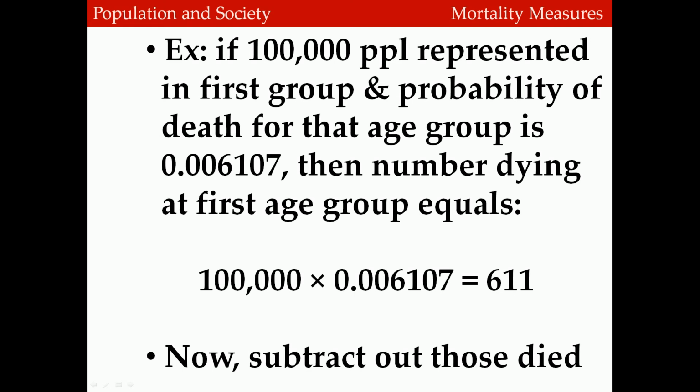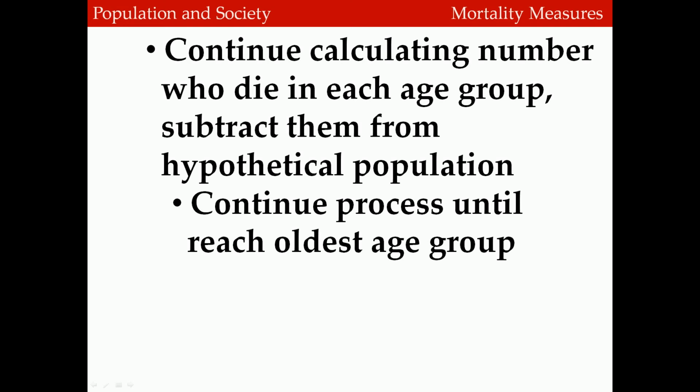So basically we can subtract them out. And then we can continue calculating our numbers as we have an increasingly shrinking hypothetical population that's being exposed to our mortality schedule. And this process continues until we reach the oldest age.